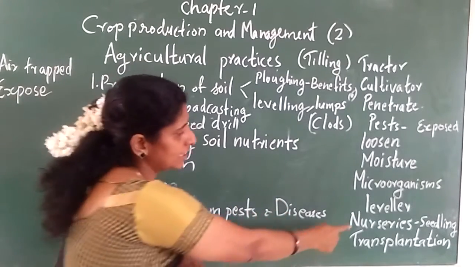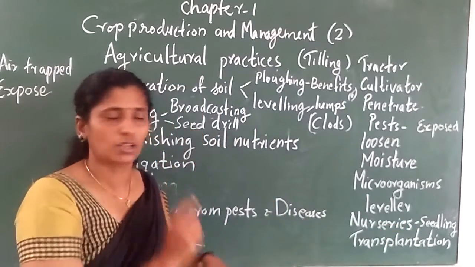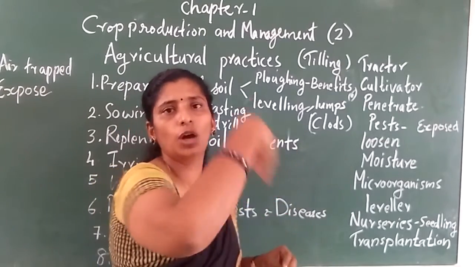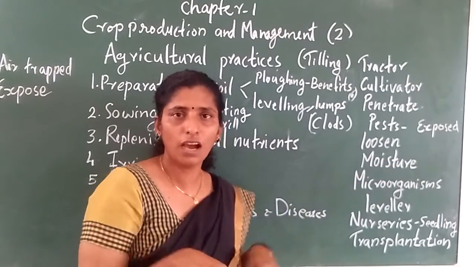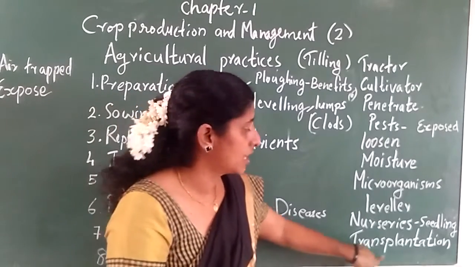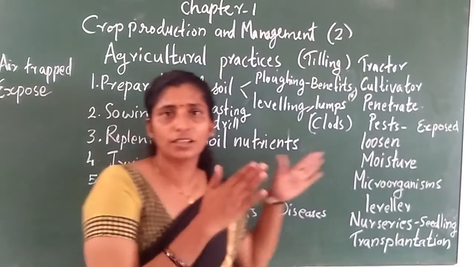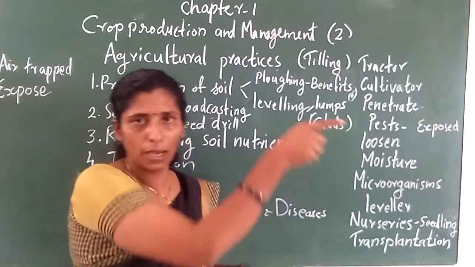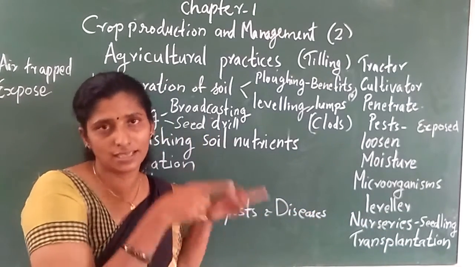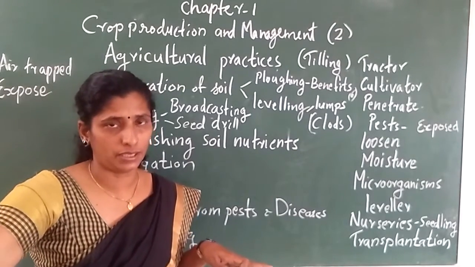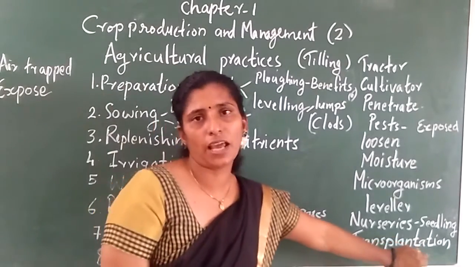After that we take the small plants, called seedlings, collect them and plant them in another area where we have to do the farming. That transfer is called transplantation. Transplantation is the transfer of seedlings from the seed bed or nursery to the particular area of farming.